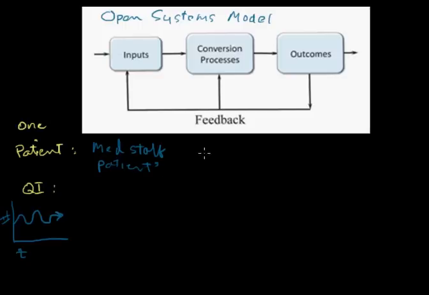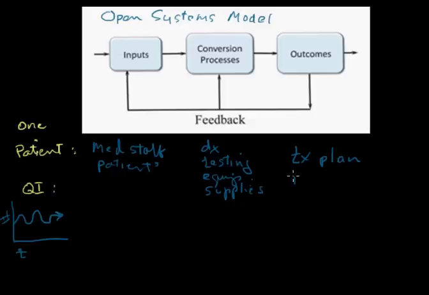The conversion process for the individual patient is mostly oriented around the diagnostic model. It includes testing, equipment, and how it's used to apply the diagnostic tools, supplies, and the list could go on. And in terms of outcome for the individual patient, we're basically dealing with what we will refer to as a treatment plan.